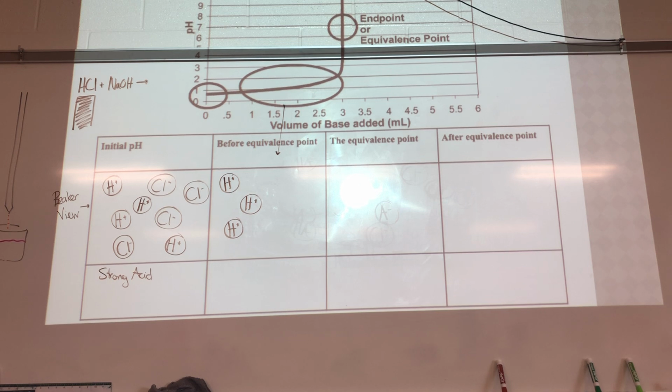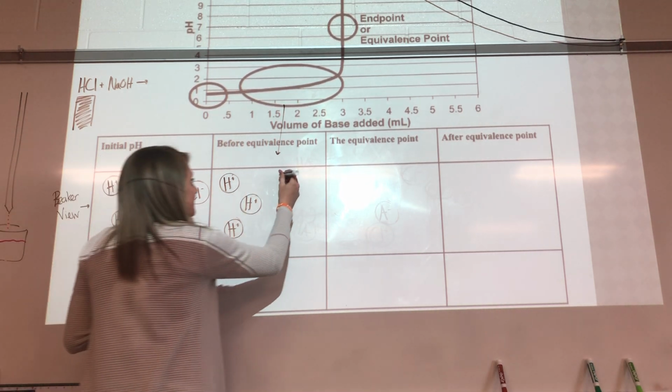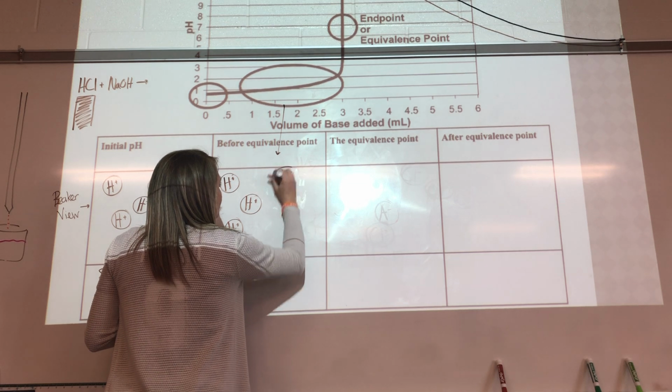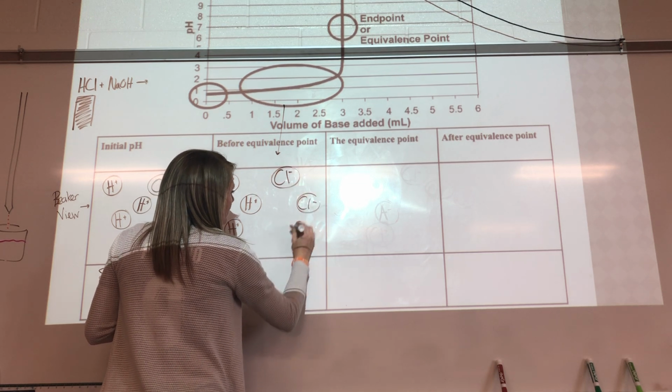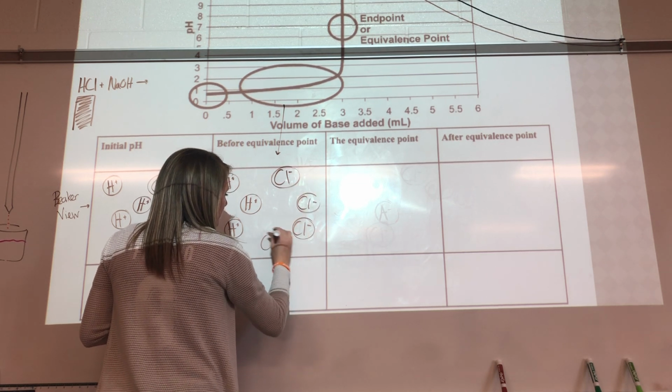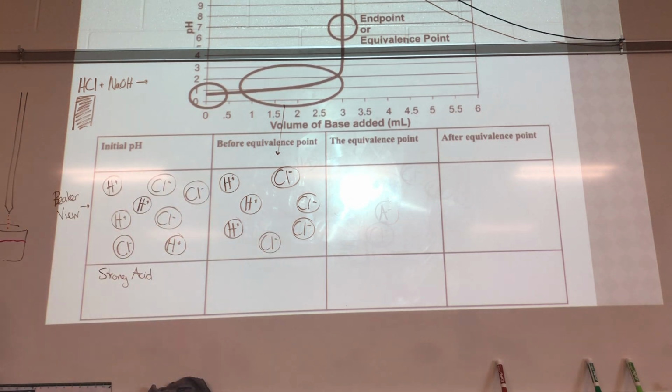Okay, what else do I need in this picture? The Cl isn't being touched, is it? Good, yeah. Nope, it's not. So you should have the same amount of Cl. Okay. Hannah? You have an Na plus. Why?